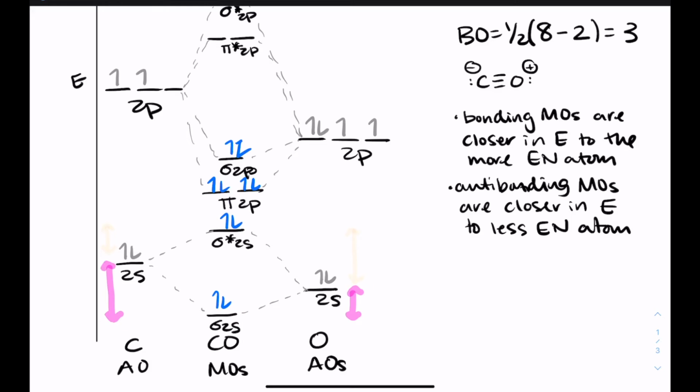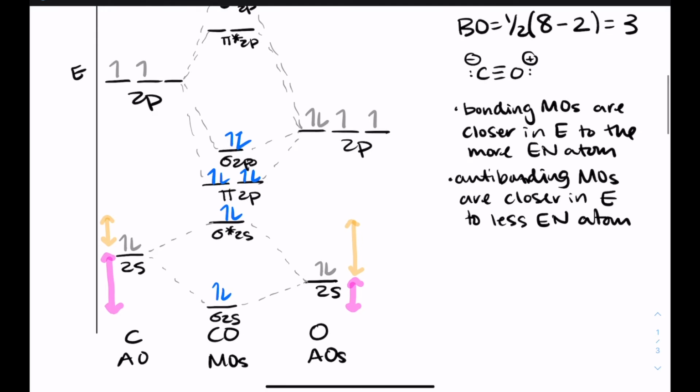The formal charges are not happy looking. However, we had to give everybody an octet. It was a priority rule to give everybody an octet, so we did. That is my MO correlation diagram for this heteronuclear diatomic.